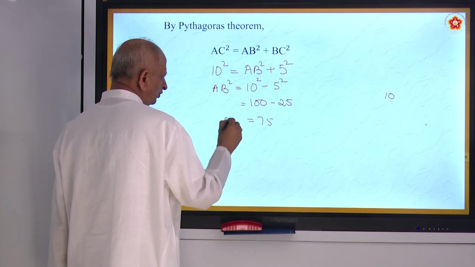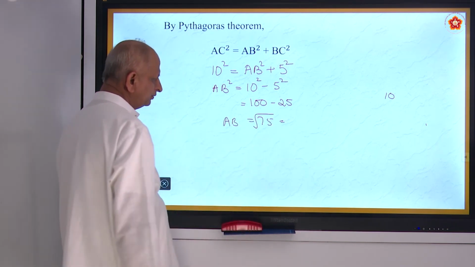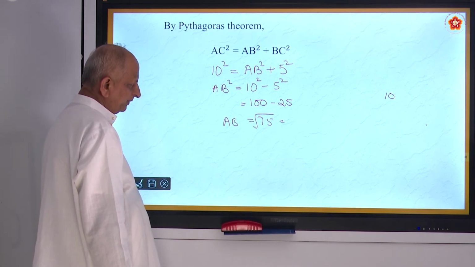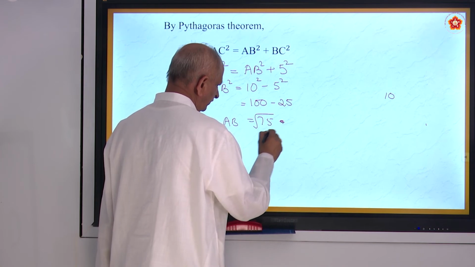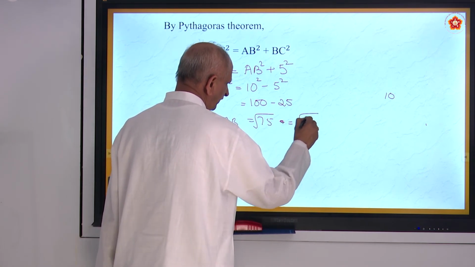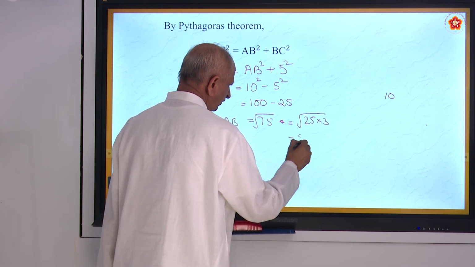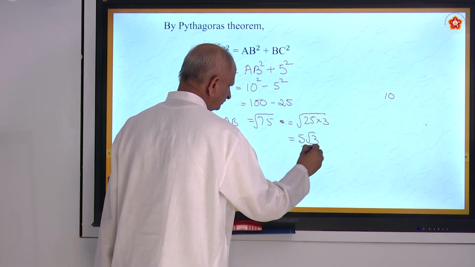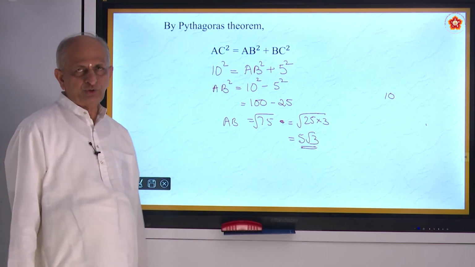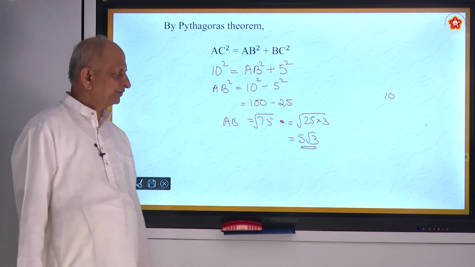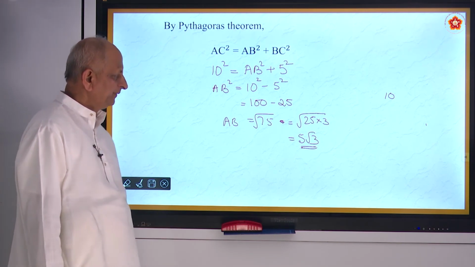So AB is equal to root of 75, you can write it as root of 25 into 3. Root of 25 is 5, so 5 root 3. In trigonometry, don't usually write units, because all get cancelled when you write ratios. That is how you find out AB.